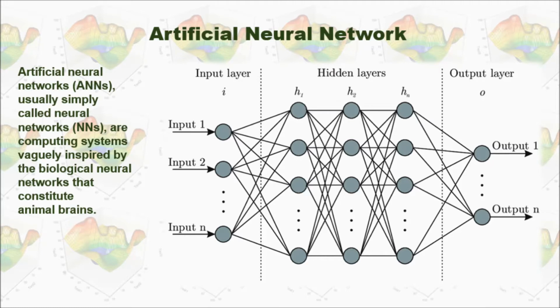And then we will calculate all those output for the second layer and keep going doing this until we reach the output layer. And in this dot, we have our function called activation function.